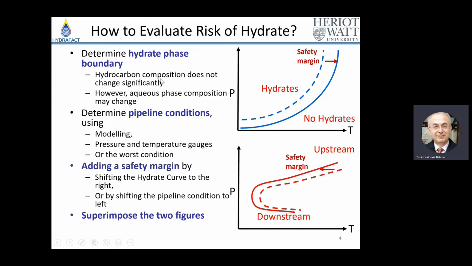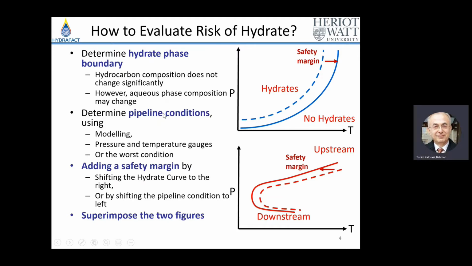The hydrocarbon phase does not change much, but the aqueous phase can change very quickly. And we put a 3 to 5 degree safety margin. So if I assume a 3 to 5 degree safety margin, then I need to shift the curve to the right.